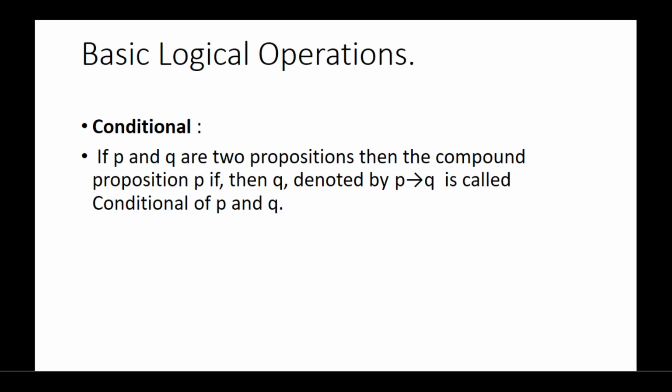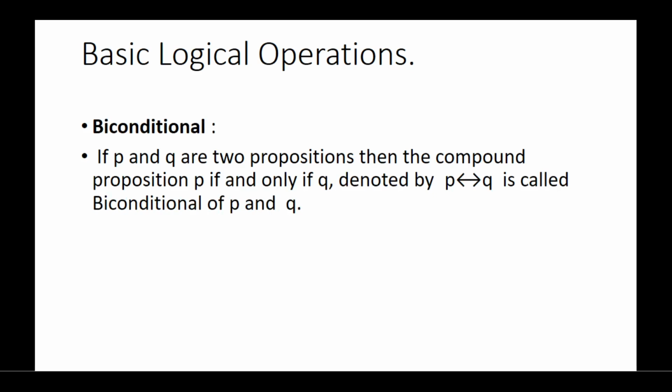This is a compound proposition called the conditional of P and Q, denoted by P implies Q. This is the third type of compound proposition, obtained by the logical connective if then.